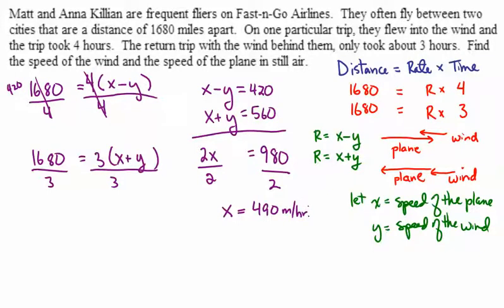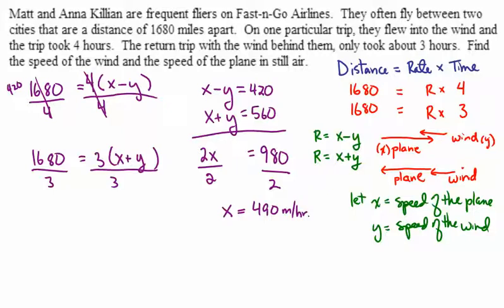So what is that in terms of my original equation? That is the speed of the plane. Hopefully that's not the speed of the wind. That's more than tornado speed wind.